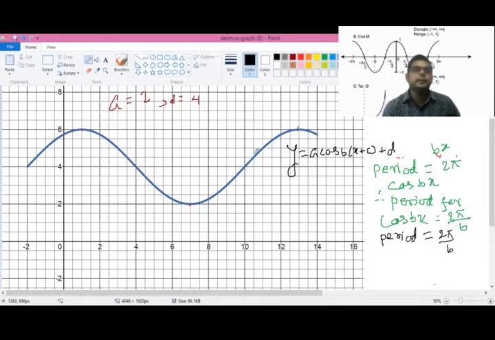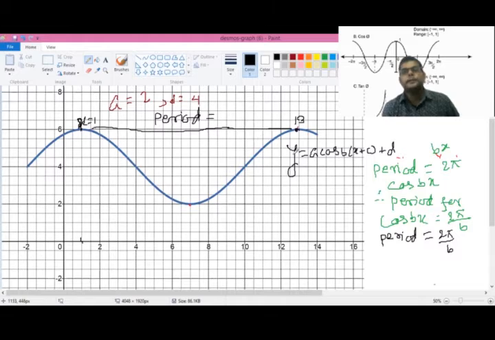Now let's see what the period is over here. If you are assuming this to be the cosine graph, period means the distance between one maximum and another maximum, or one minimum and another minimum. Here the maximum points are obvious, so we take the reference of the maximum points only. Here you can see x equals 1, and here there is a maximum at x equals 13, and the length between these 2 points will be the period of the graph.